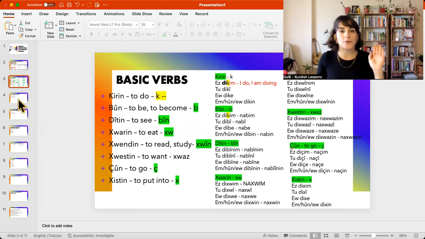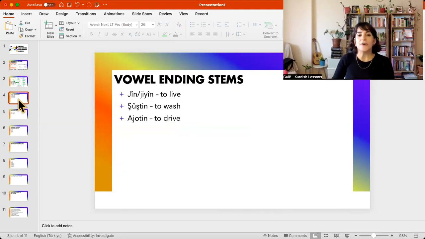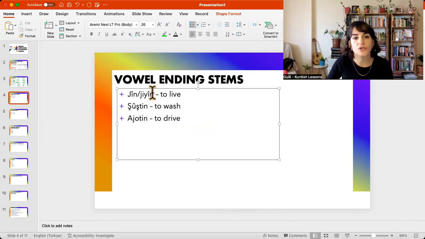Now, the second topic. Of course, there are some verbs whose stems end with a vowel. So what do I mean? For example, jiyan or jin, you will see both forms. It means to live. Okay, I live, you live, and the stem is ji. You see, it ends with a vowel.